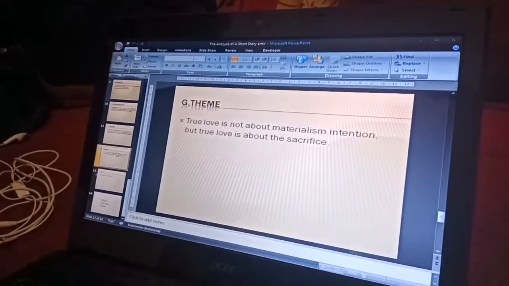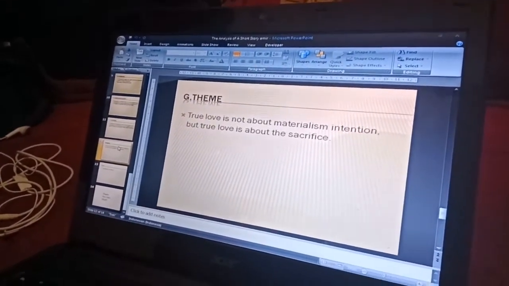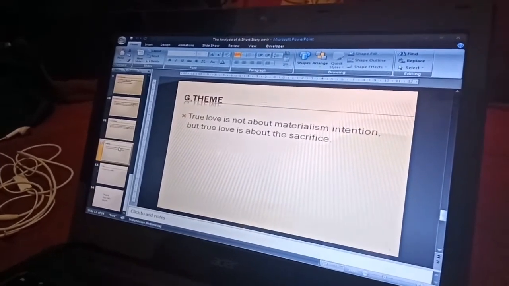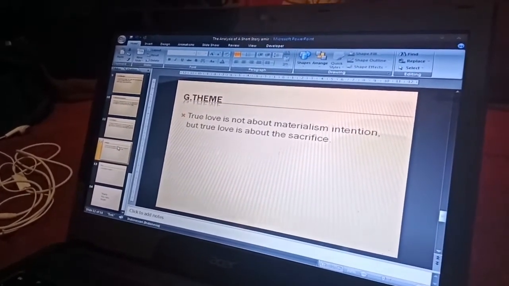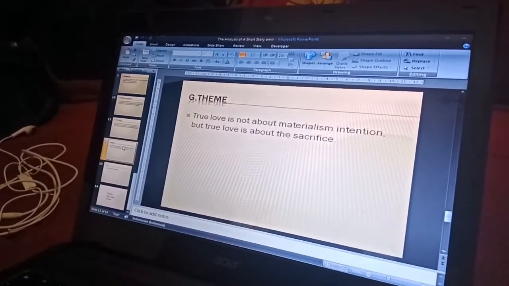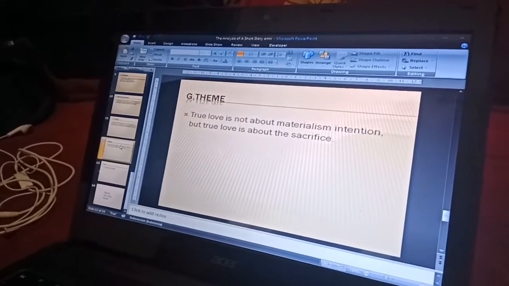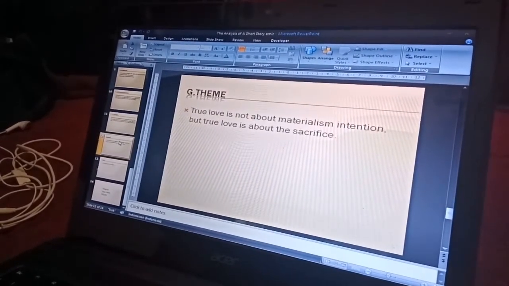And now, I will give you additional information for the theme. The theme here is about true love. It's not about materialistic intention, but true love is about sacrifice. Why do I give this statement?